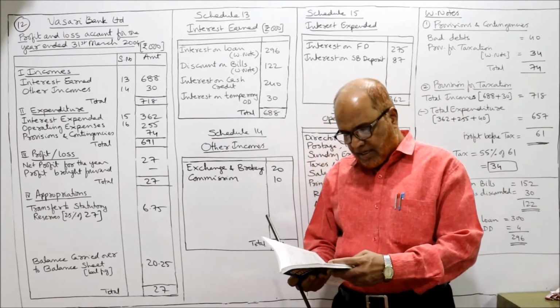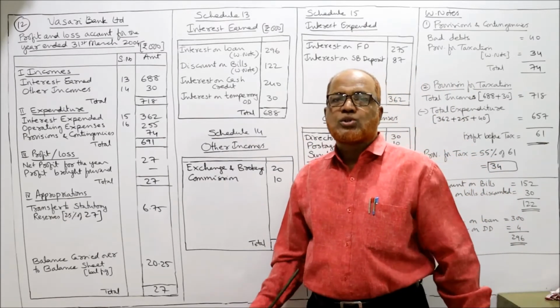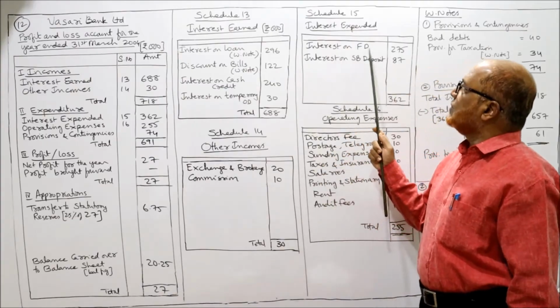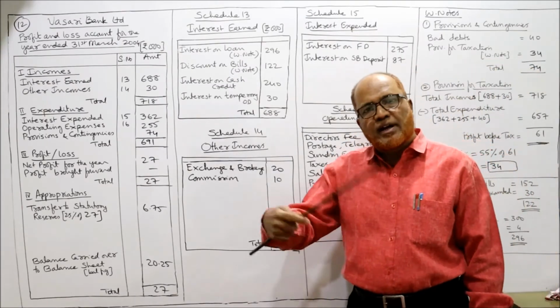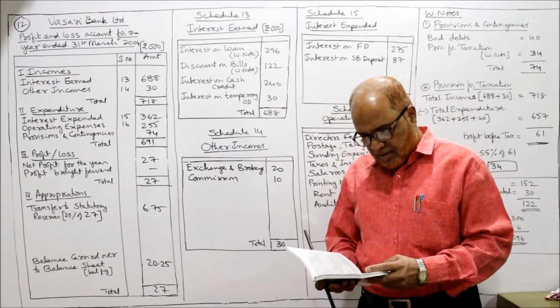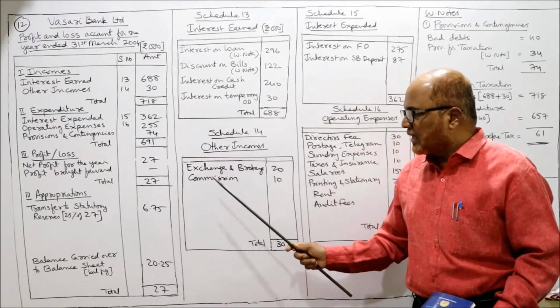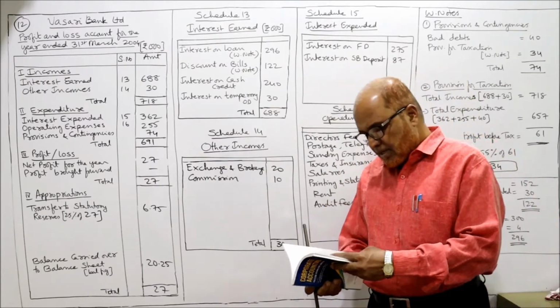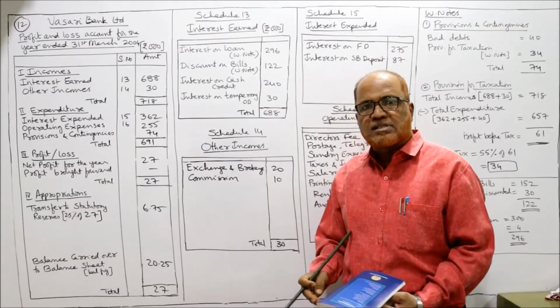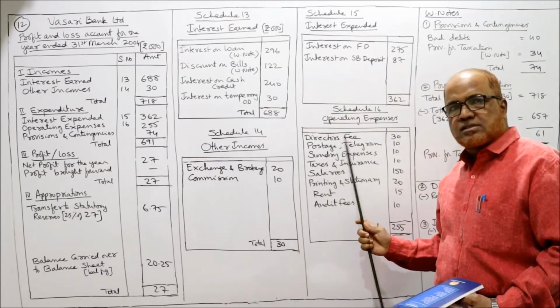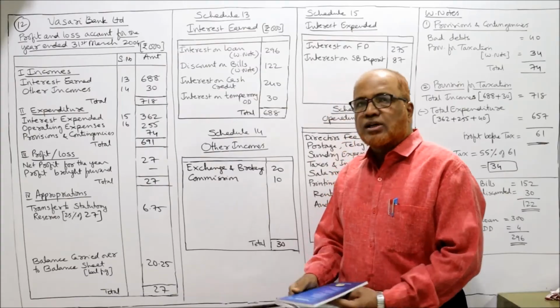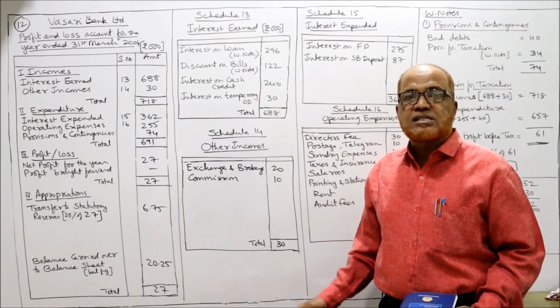First item completed. Second, interest on fixed deposit 275. Interest on fixed deposit 275. Interest on deposit is interest expended. Then exchange and brokerage, other income. Then directors fees and allowances, operating expenses. Then interest on cash credit, it is interest earned.